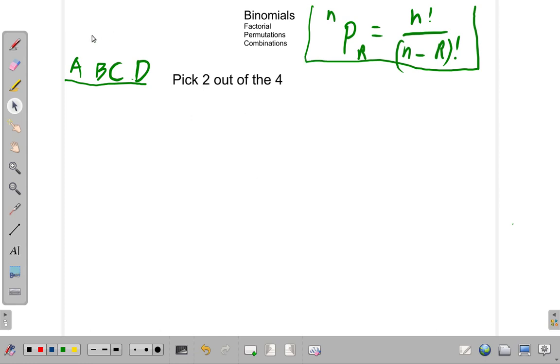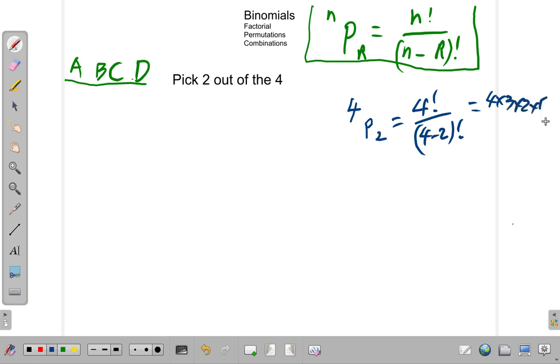What the formula would tell us is that 4 permutations 2 chosen is equal to 4 factorial over 4 minus 2 factorial, which would be 4 factorial, as we saw, is 4 by 3 by 2 by 1, over 4 minus 2 factorial, which would be 2 factorial, which would be 2 by 1. So it's 24 over 2, which would be 12.